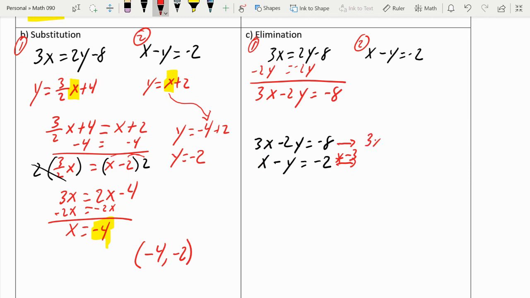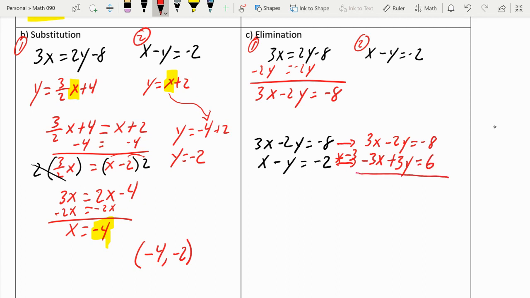So this first equation, I'm not doing anything to it except for dragging it along. And then equation 2, I'm multiplying everything by negative 3. So negative 3x plus 3y is equal to positive 6.